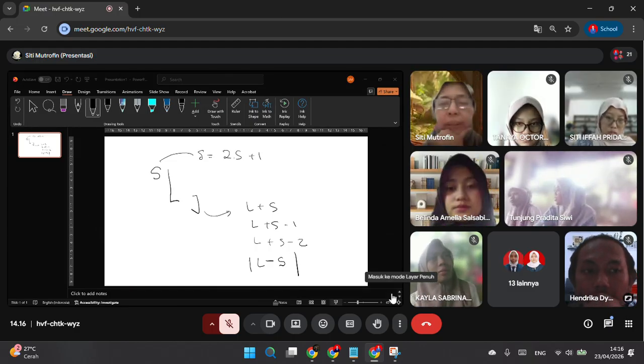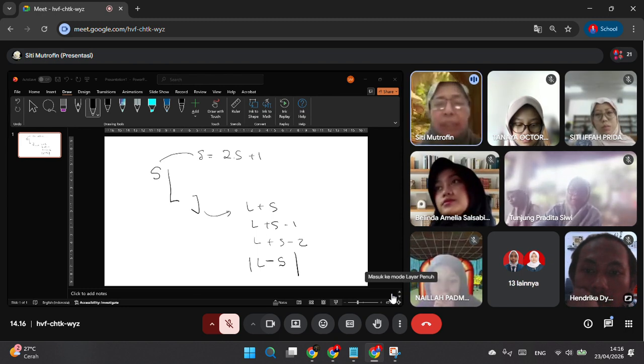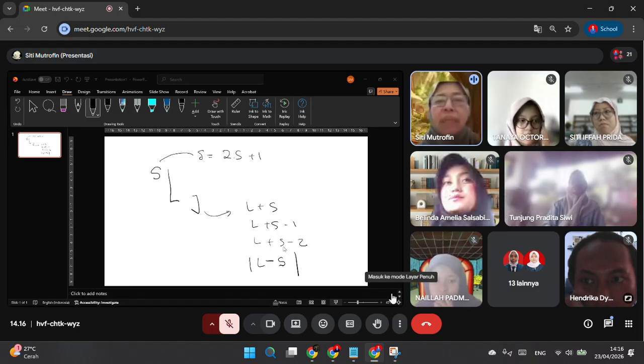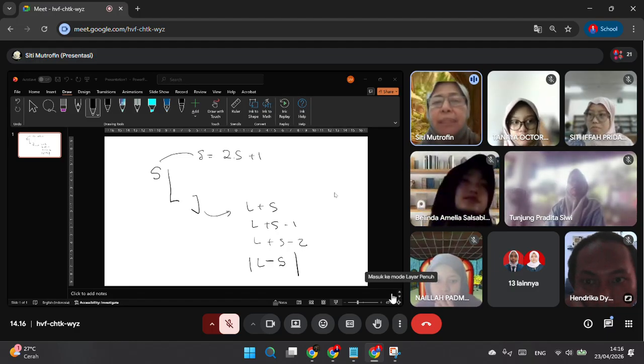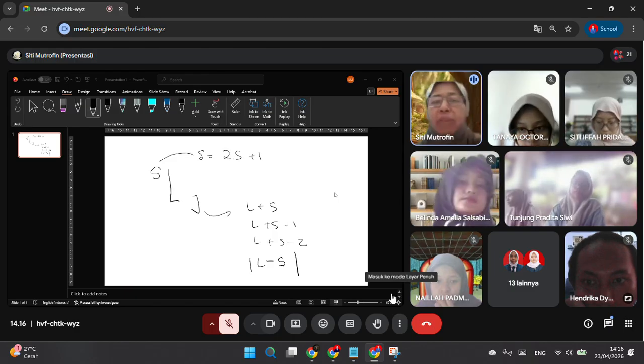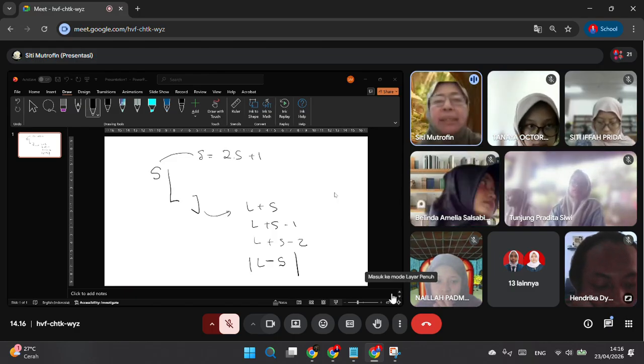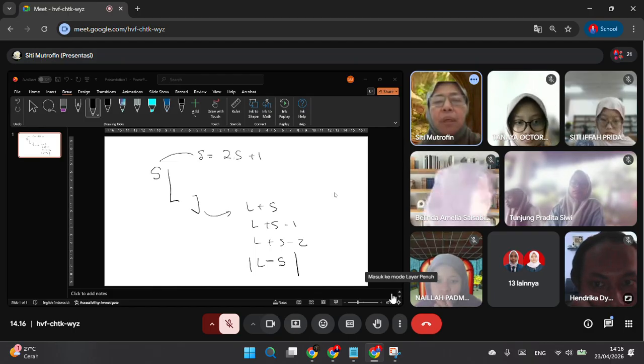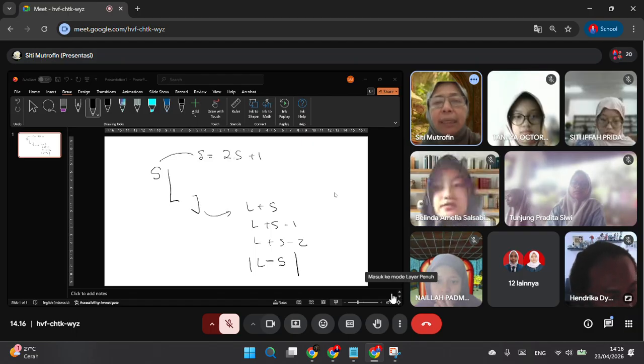Yes, we can, ma'am. Okay, so in this slide you can see the new symbol to represent the energy state of the electron. That is capital L, then capital S on the top left side, and then capital J in the subscript.